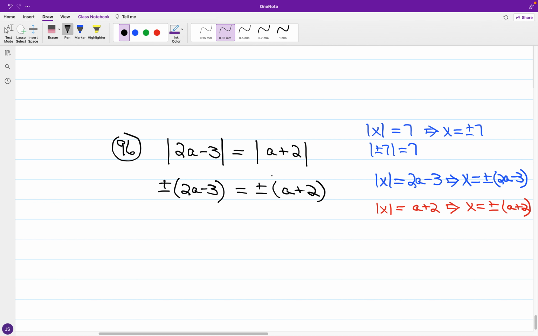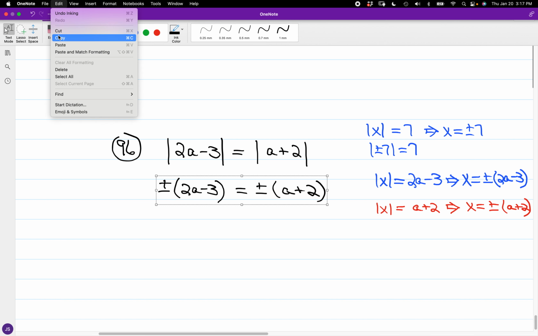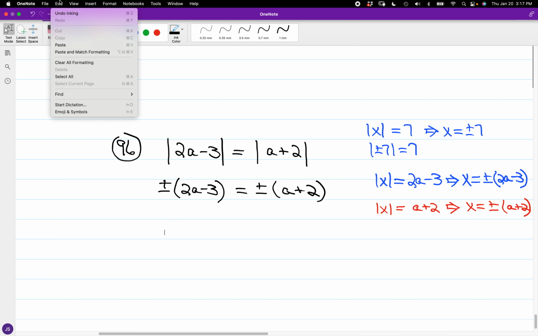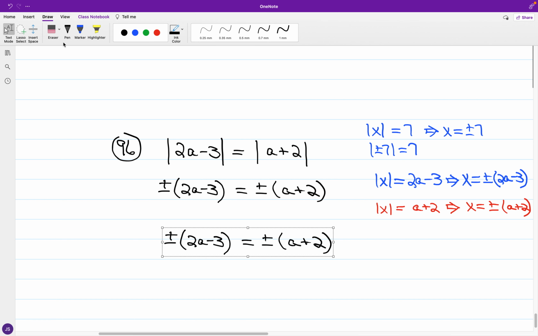All right, and so for these, you don't have to consider all four combinations.